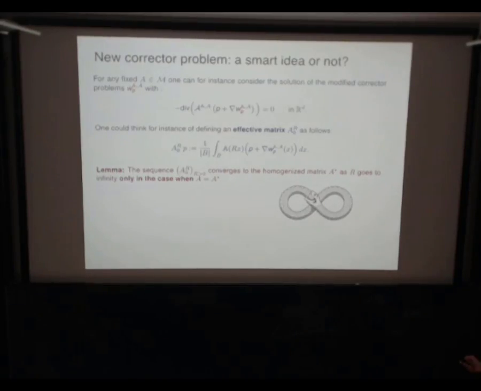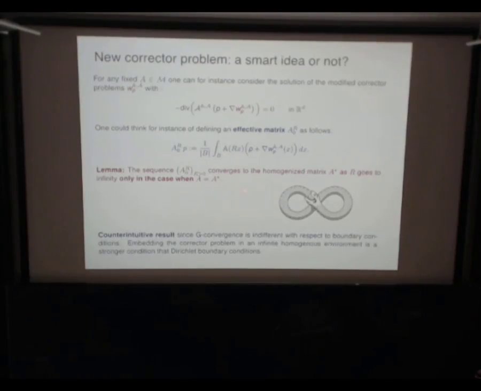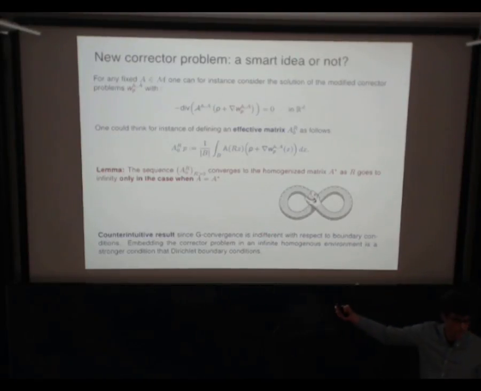Is this because you have mostly A star in the domain of A star itself, or what is the reason it converged? No, I give some explanations here. First of all, this is counterintuitive because usually G convergence is indifferent with respect to the boundary conditions that you impose, for Dirichlet boundary conditions.